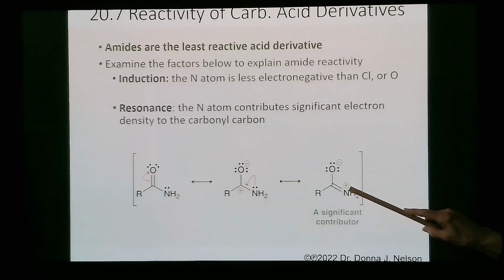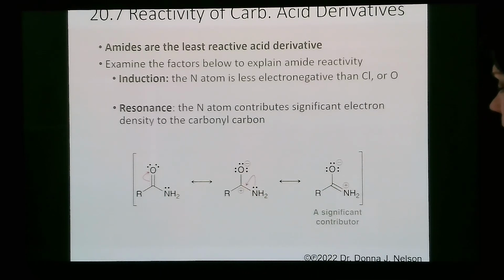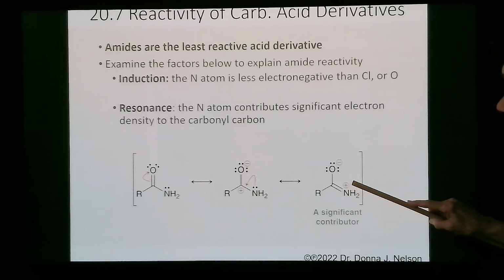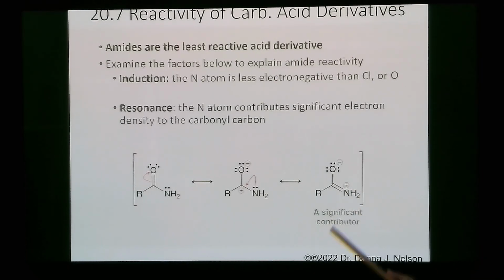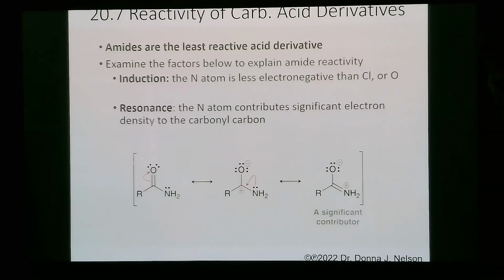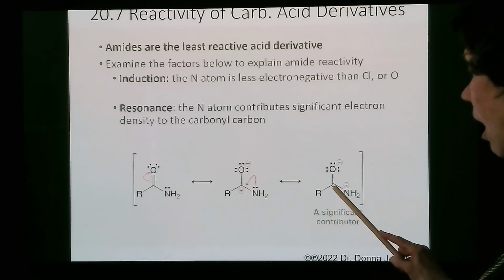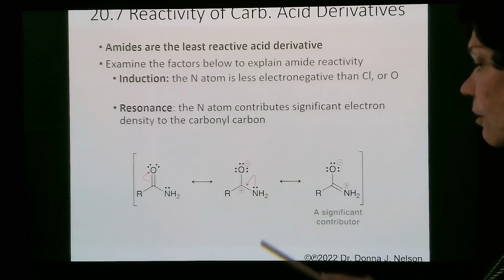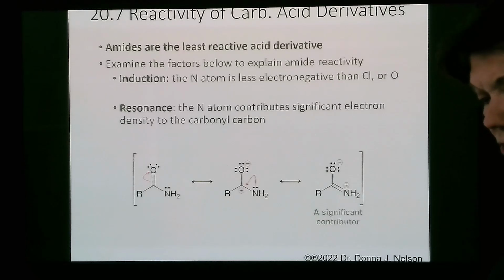However, now nitrogen does donate electron density significantly to satisfy that positive charge, and so you have a positive charge generated on nitrogen, and this is a significant contributor, and so that does make this carbon less electrophilic, and so less reactive therefore. And so amides are not very reactive because the carbon is not bearing such a large positive charge.